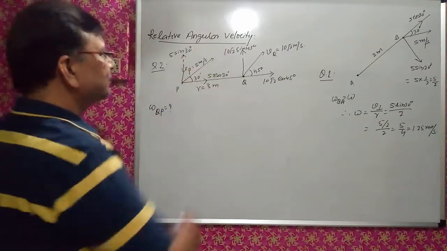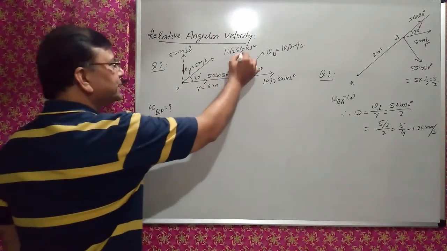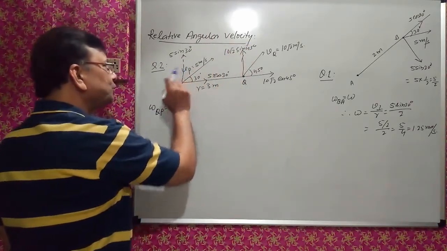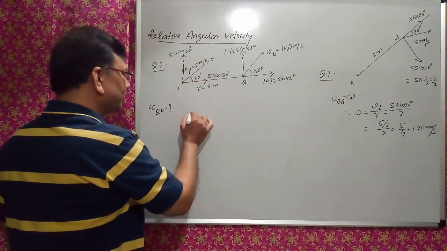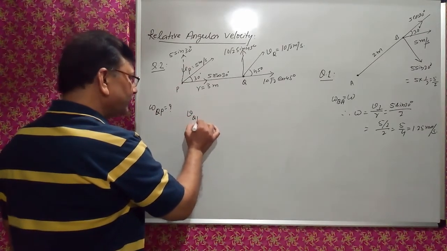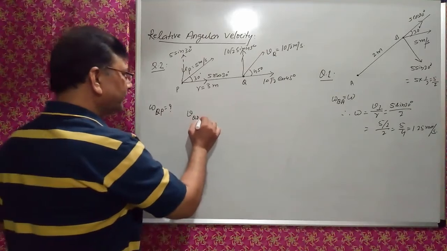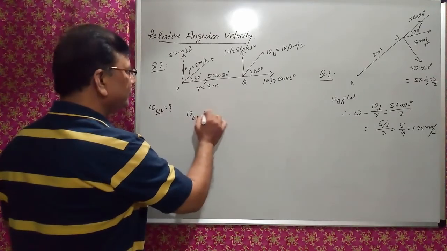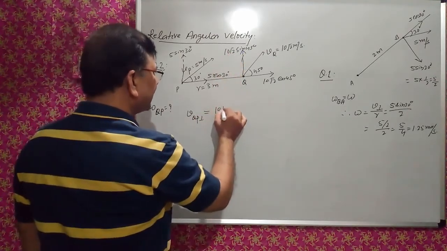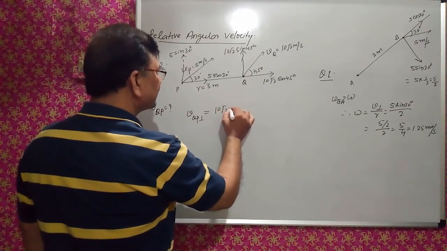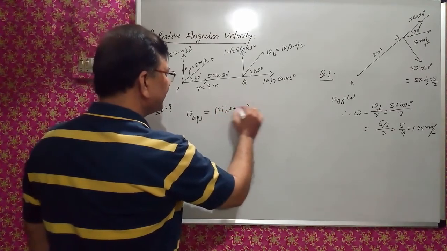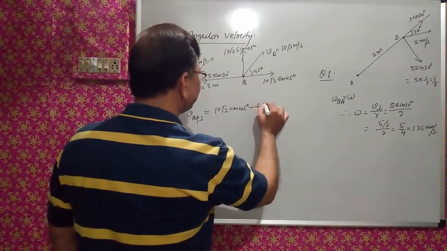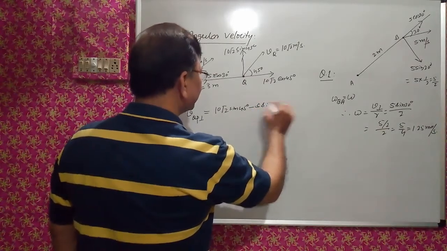So in the vertical direction, the relative velocity of Q with respect to P in the perpendicular direction will be 10 under root 2 sine 45 degree minus 5 sine 30 degree.